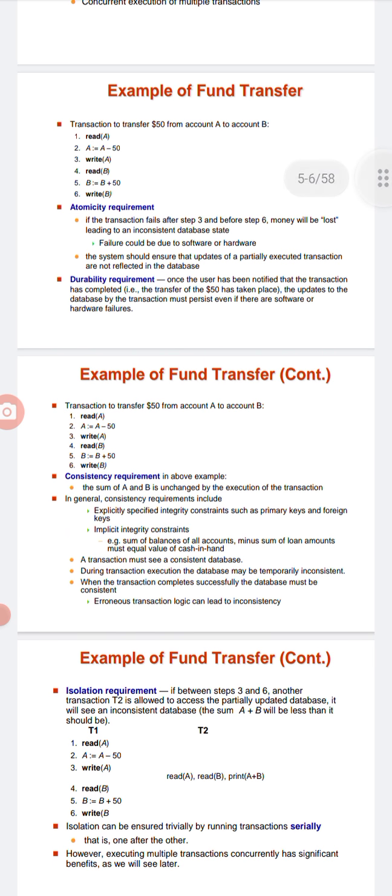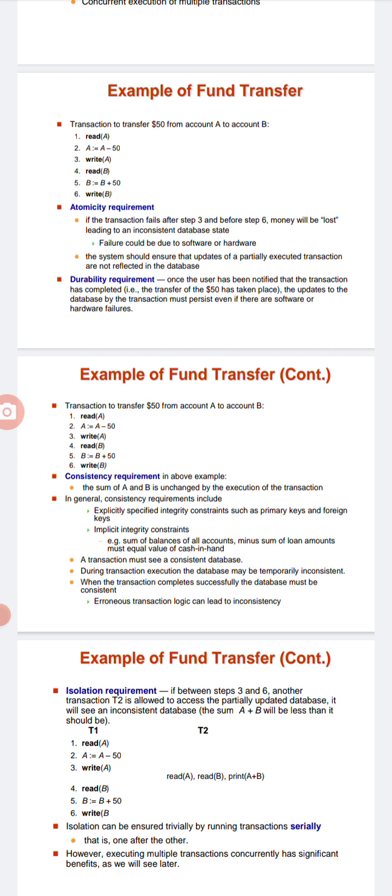Example of fund transfer: the same program to transfer $50 from account A to account B. First instruction is read A, second is A equals A minus 50, third one is write A, fourth one is read B, fifth one is B equals B plus 50, and sixth one is write B.